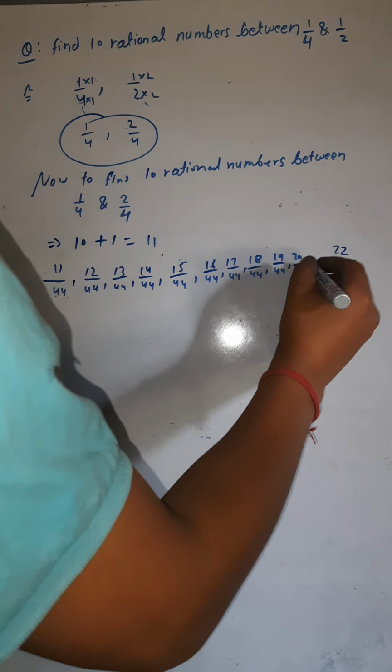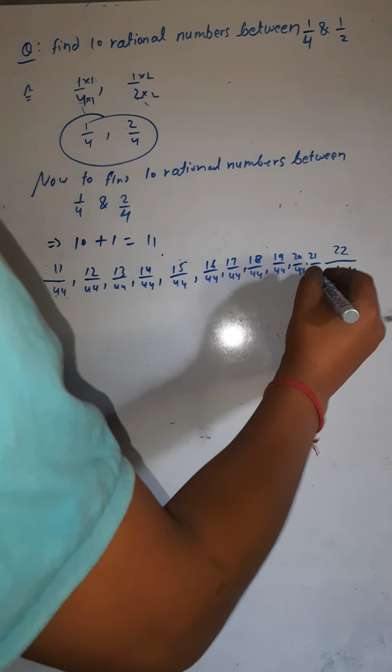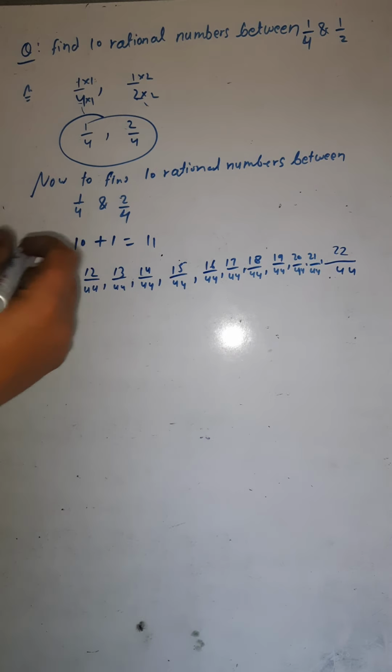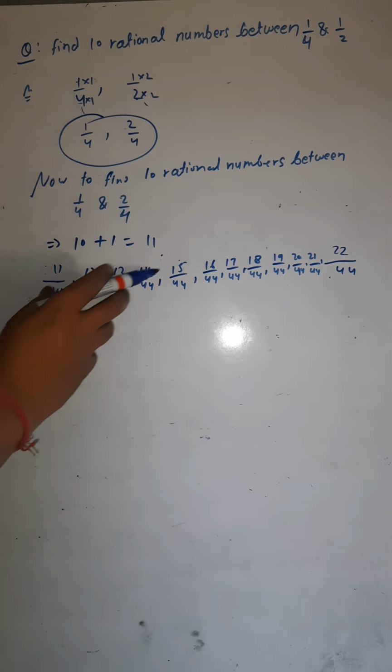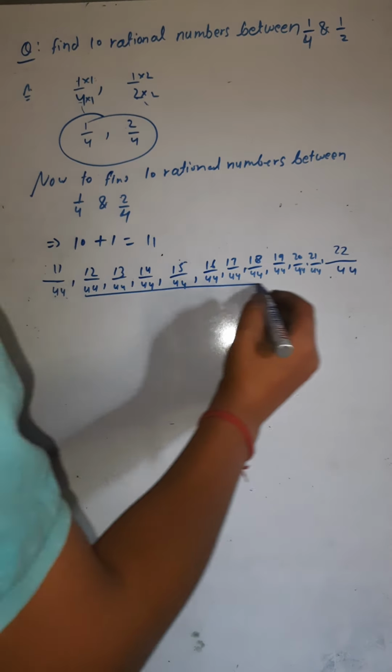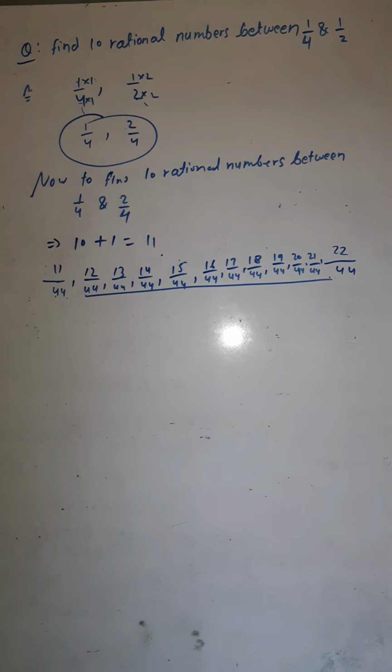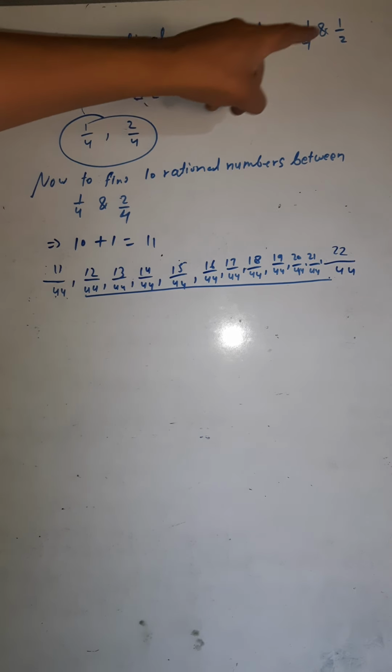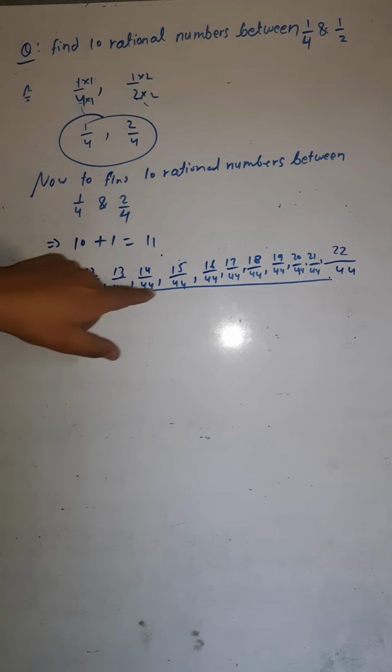Then you have one more there, that is 21 by 44. I think these are 10. Look here 1, 2, 3, 4, 5, 6, 7, 8, 9, 10. So this is the answer. Okay. Hence the 10 rational numbers between this and this are these.